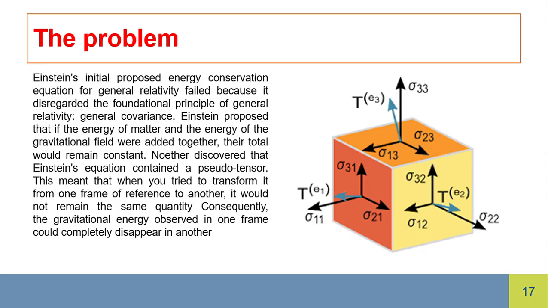It is the idea that the laws of gravity must have the same form in every frame of reference, no matter how you are moving. Noether also put some thought on general covariance and said that this is also a symmetry. We will discuss it after some time.